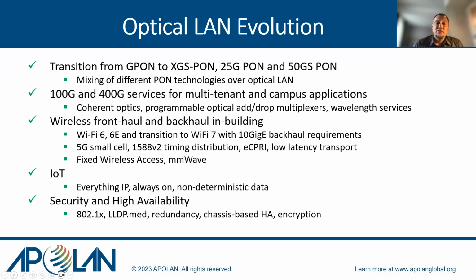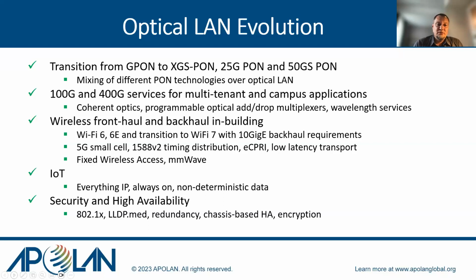When we talk about this, we talk about Wi-Fi 6 or 6E, moving to Wi-Fi 7 with backhauling of 10 gig and similar. We also have, specifically in Asia, several deployments with 5G cells, so access points backhauling within the building with the mentioned timing requirements, and then last but not least, fixed wireless access.